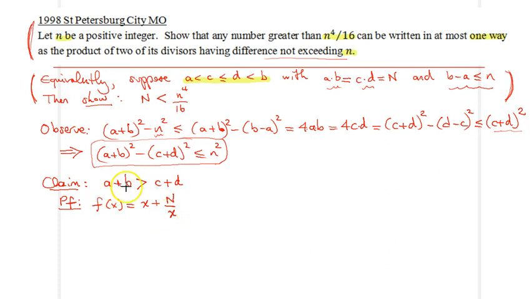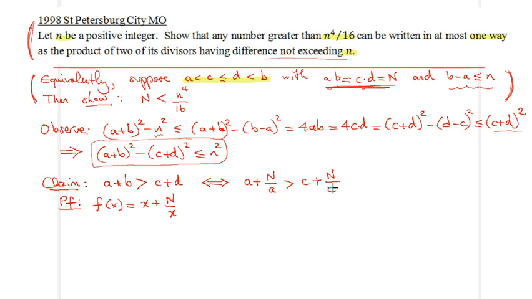Because this inequality that we would like to prove is equivalent, given this condition here, to a plus, I can simply replace b with n over a, and therefore all I want to show is that c plus d, and d can be replaced with n over c.